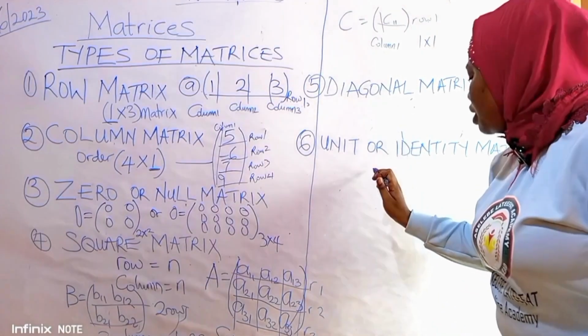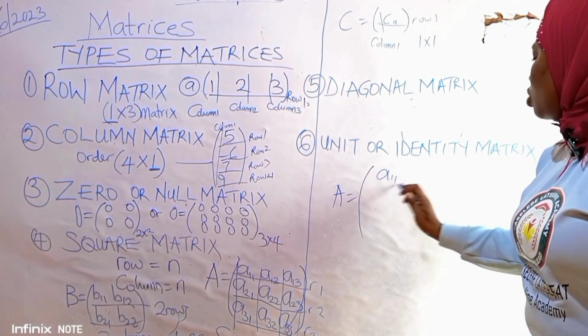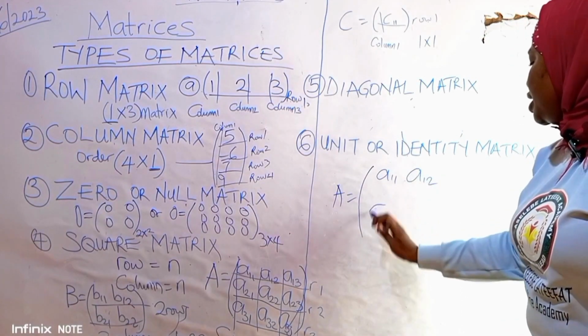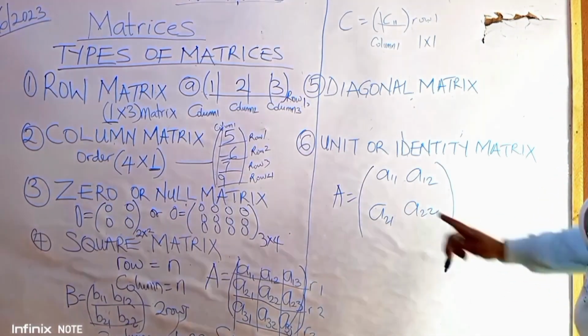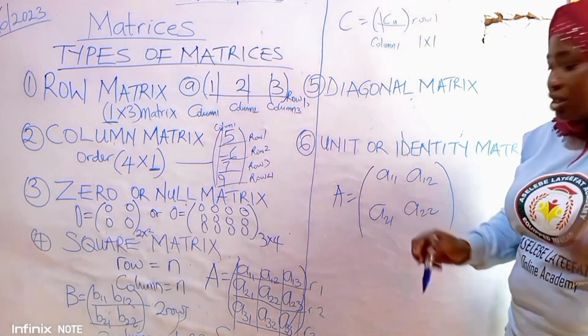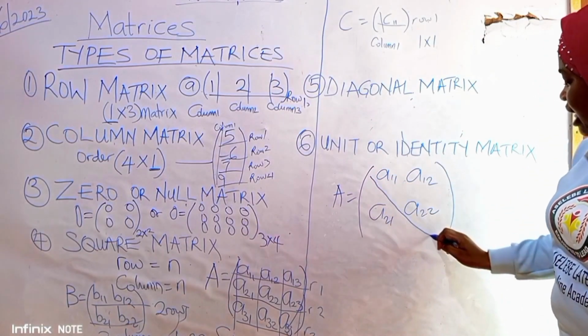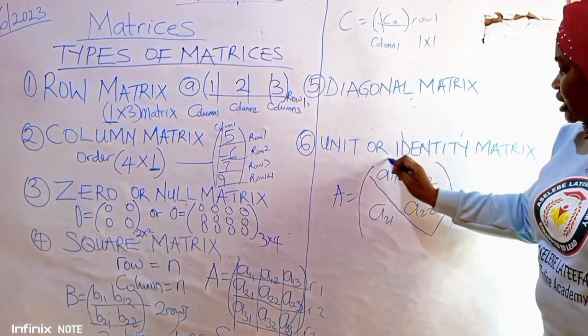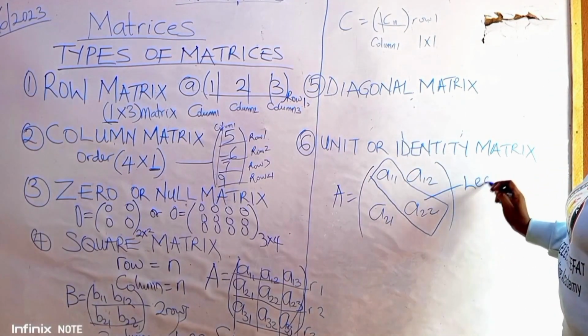Let's say I have a square matrix A equal to A11, A12, A21, A22. This one has 2 diagonals, but the one that has the beginning and the end, this is the leading diagonal. So here is the leading diagonal.